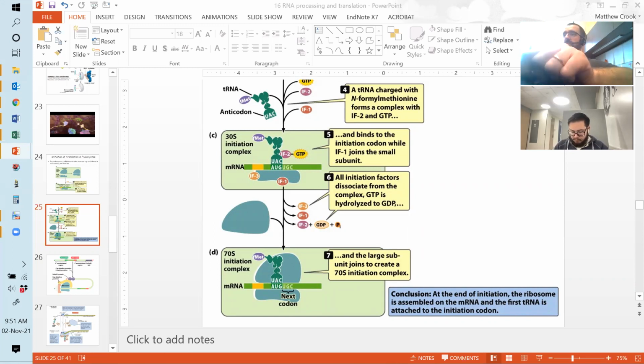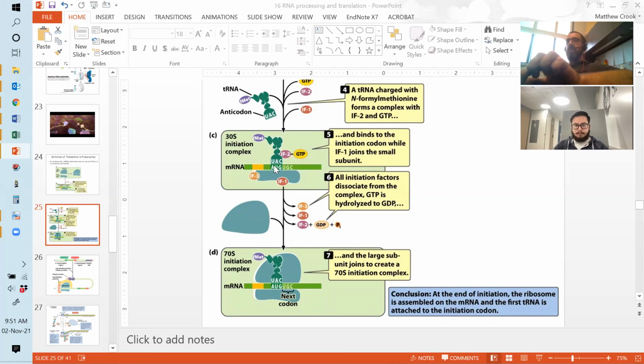Sorry, typing skills are not working very well today. And so their job is to bring in the tRNA. That takes energy. Here's that other, or the second unit of energy.